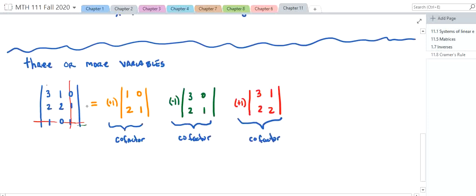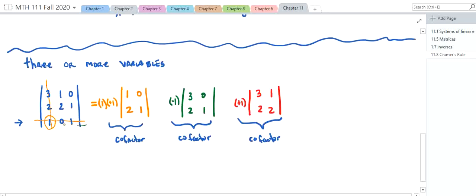And finally, what I'm going to do is the row I chose here, this row, when I found my first minor matrix, there was a number here that intersected the column in the row. I'm going to multiply this by that number.